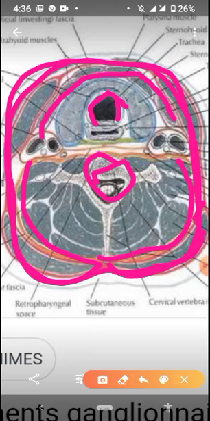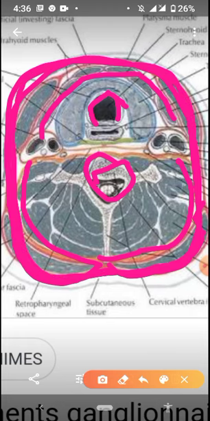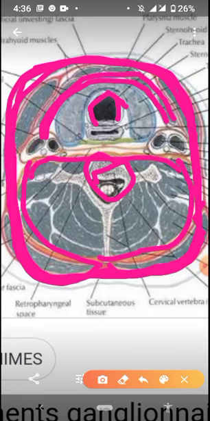So three layers: the investing layer, which is surrounding all the way, the pretracheal layer, which is in front, and the layer which is behind is the prevertebral layer.